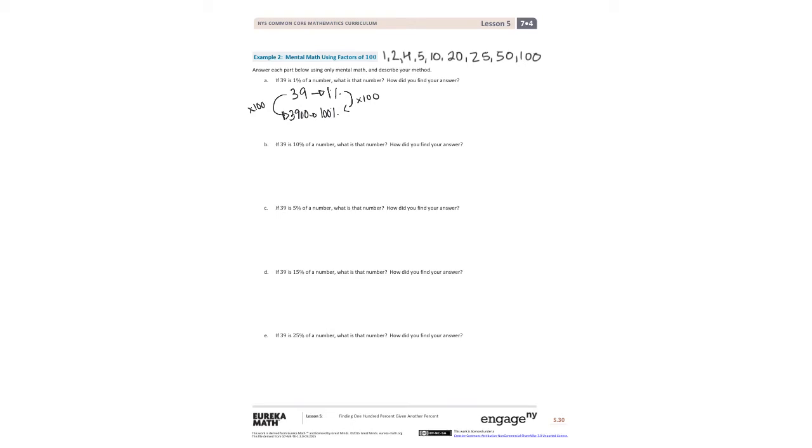Either way to say it works. Now we found this answer by multiplying 39 times 100 because 39 corresponds with 1% in 100%. And 1 times 100 equals 100%. So 39 times 100 equals 3,900.